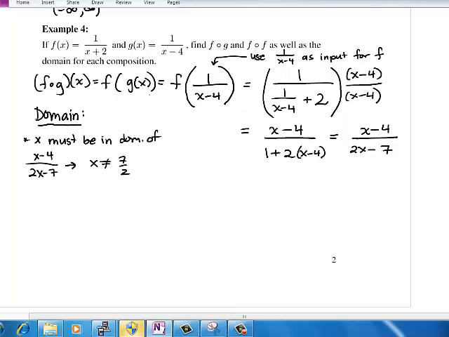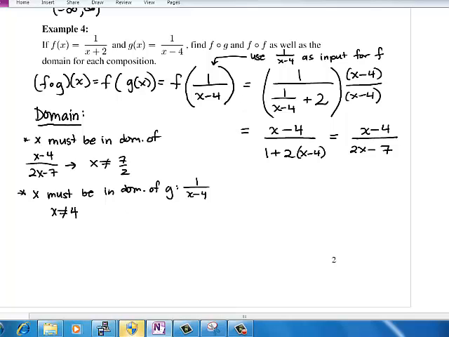But because x has to go through g first, we also see that x can't be 4. Because g is the inside function. So g was 1 over x minus 4, so x can't be 4.